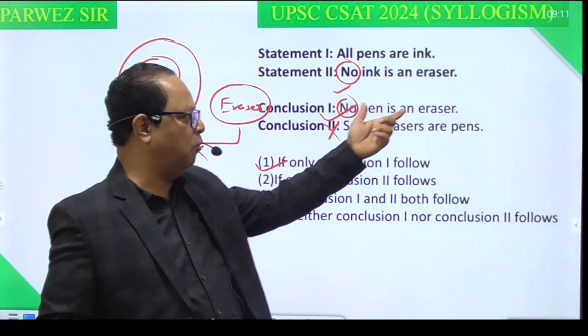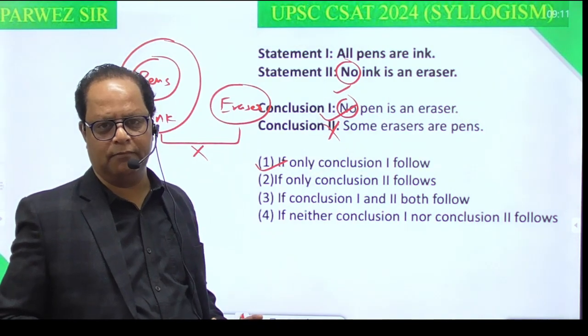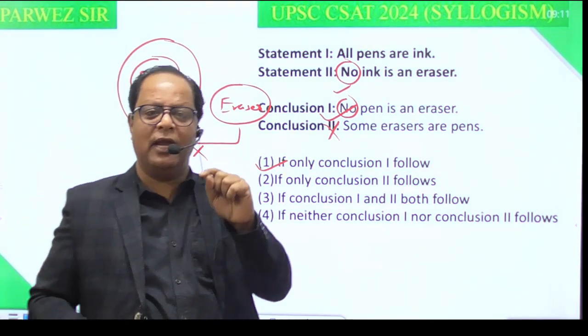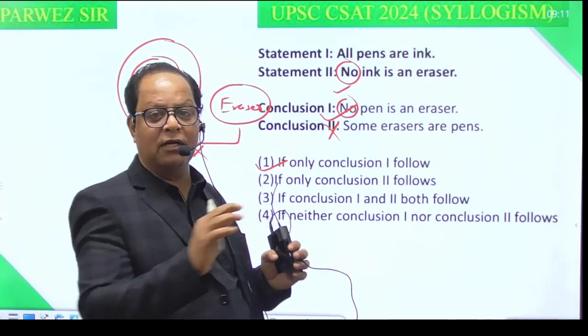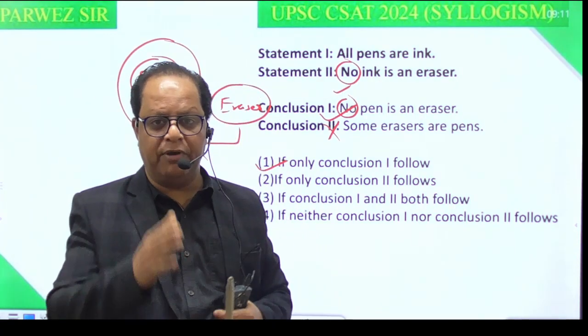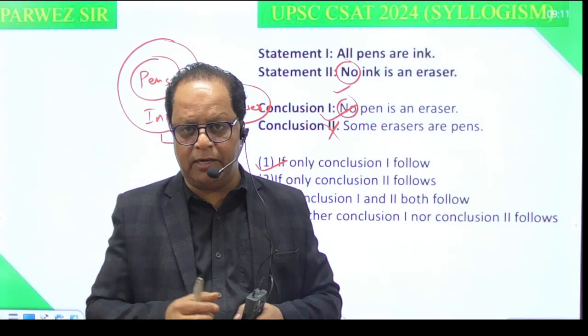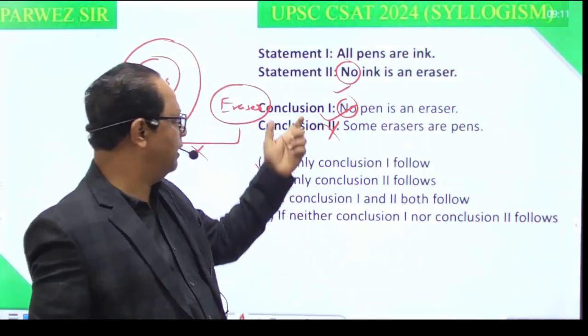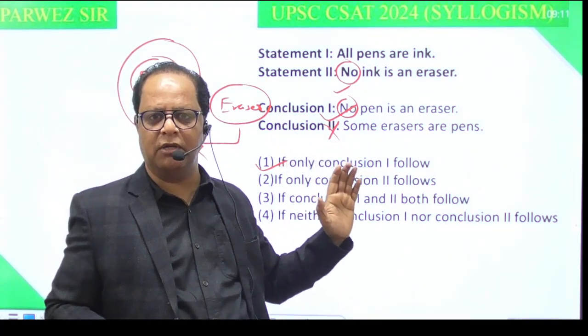That's why no pen is an eraser is correct and the second is wrong. When a negative statement comes, only a negative conclusion will come. I told you earlier, when all statements are affirmative, the conclusion must be affirmative. But when we have a negative statement, only a negative conclusion will come.